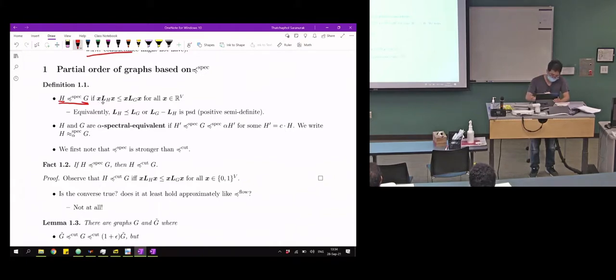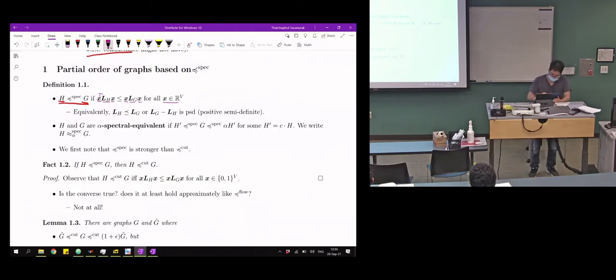We say that H is less than G if for every vector x, x times the Laplacian of H times x is less than x times the Laplacian of G times x. That is just a way to compare graphs.